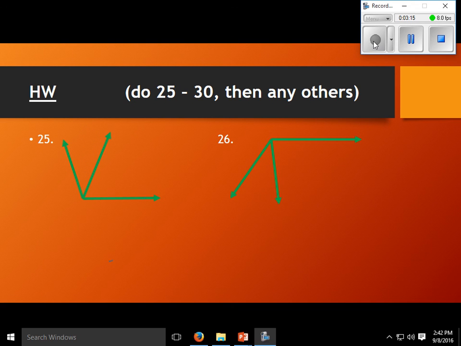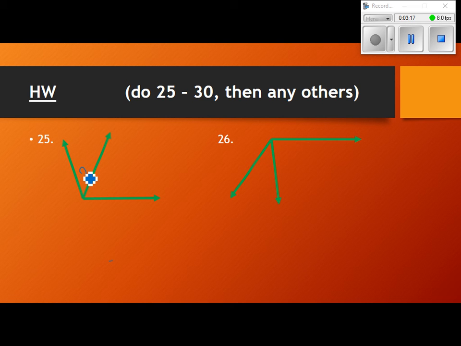They tell us this angle is 2x plus 23, and the other angle in 25 is 9x minus 5. This angle is 9x minus 5. As long as you can understand, you can write stuff this way, and as long as it makes sense to you.